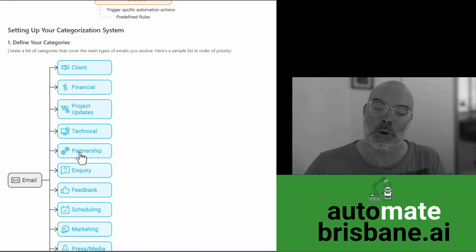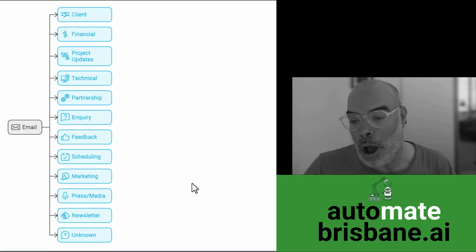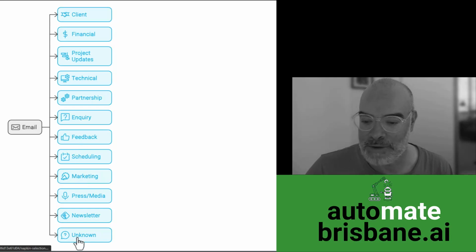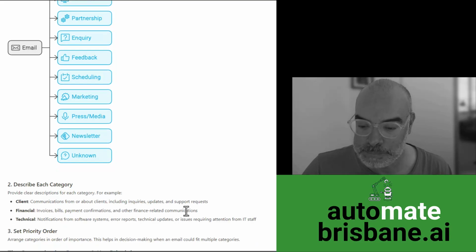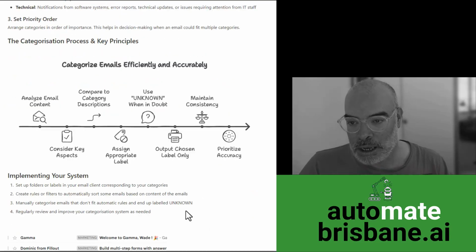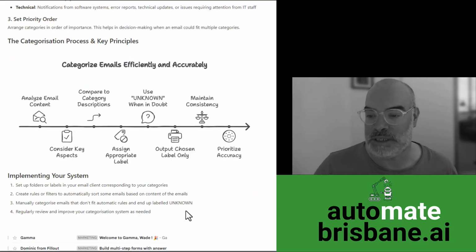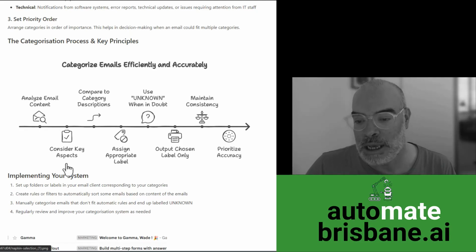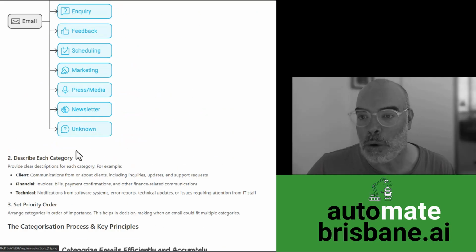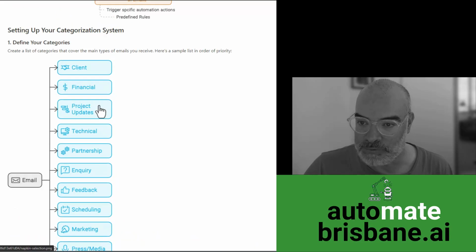And so this is all the different tags that I put on my email system, sort of all the usual ones that a business might have. Probably the most important one is one at the bottom, which is unknown. And so when the robot goes in, it reads the email, it considers all these different categories.